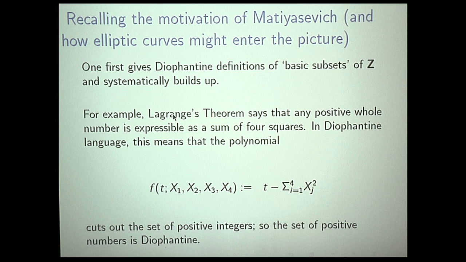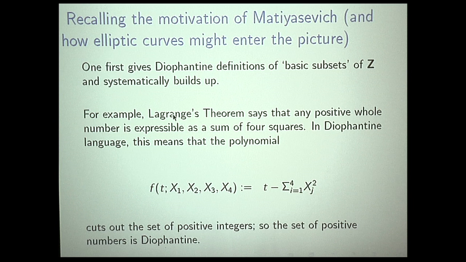And he did it in the very positive way of building up a Diophantine definition of every listable set. So that could be thought of as negative if you want, or it could also be thought of as extremely positive, showing the richness of the Diophantine language.